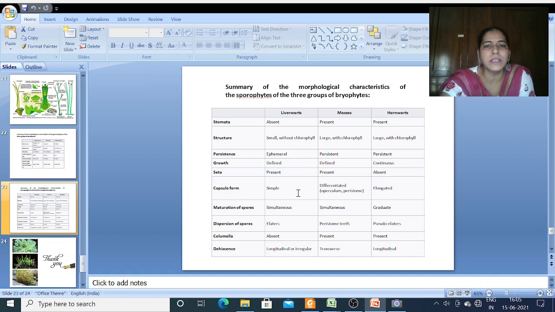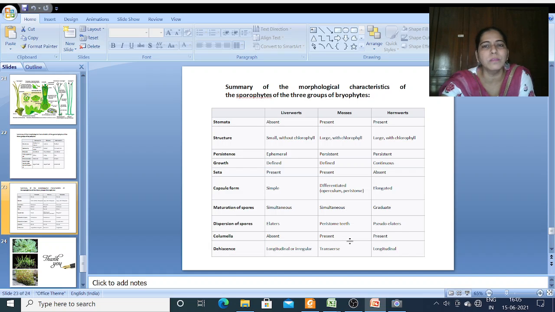The capsule is simple in liverworts, whereas it is differentiated and well developed in mosses, with operculum, peristome teeth and theca formation. In hornworts, it is elongated. Then dispersion of the spores is by elaters in liverworts, by peristome teeth in mosses, and by pseudoelaters in hornworts.